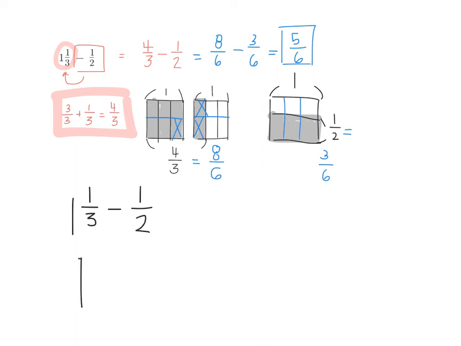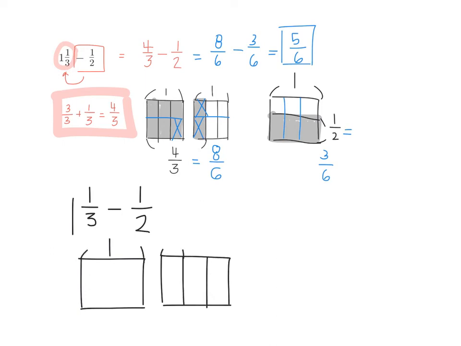You could just go ahead and draw 1 and 1/3. Right? And then if you take away 1/2, it looks like this, right? Okay, so go ahead and shade in. Let me just show you. It's basically the same thing though. So here's 1 and 1/3.